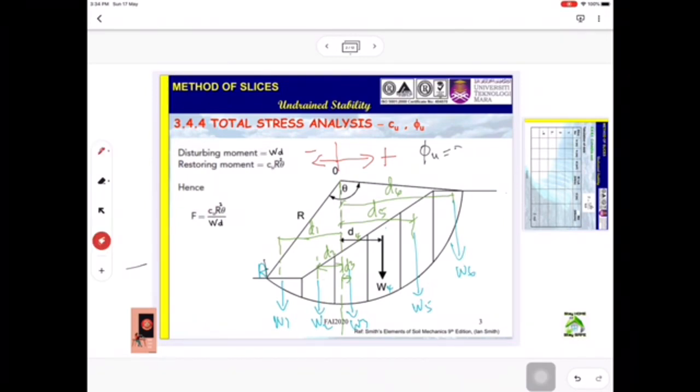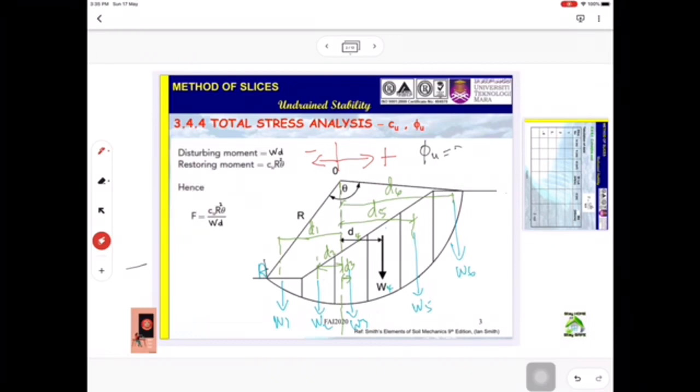Because we are taking moment at O. On the right hand side, the force W will make a clockwise moment: W3 clockwise, W4 clockwise, W5 clockwise, and W6 also clockwise, except for W1 and W2, which are anti-clockwise, so that's why the sign is negative.